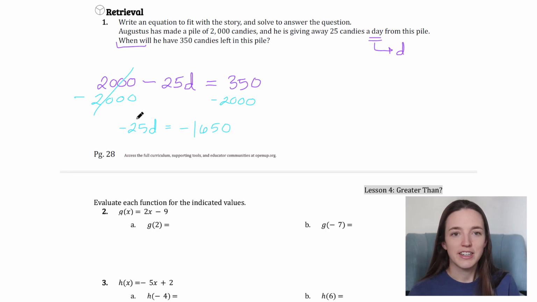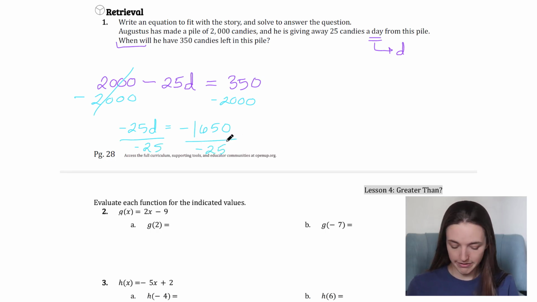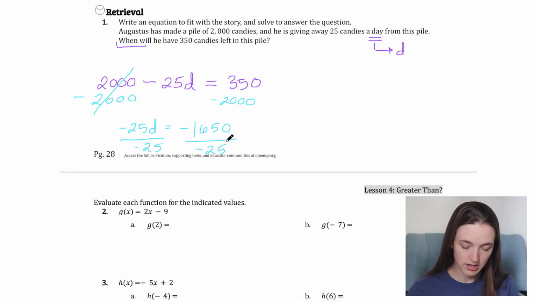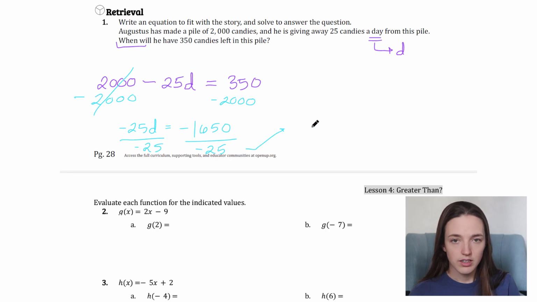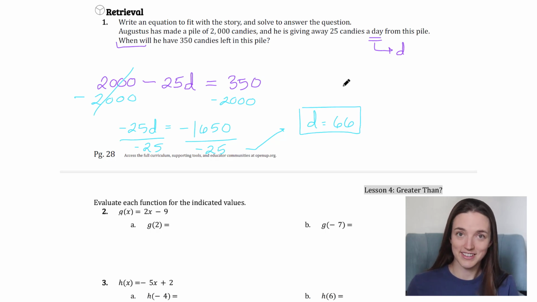Okay, now negative 25 and d are being multiplied, so to undo multiplication I have to divide. And I'm going to divide both sides by negative 25. And I'm going to use a calculator. All right, 66. So it'll take 66 days for him to get down to 350 candies.